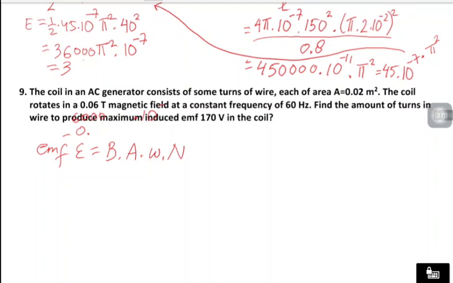Okay, we input the value of electromotive force, 170 volt, equals B is 0.06 Tesla times A area is 0.02 meters square.